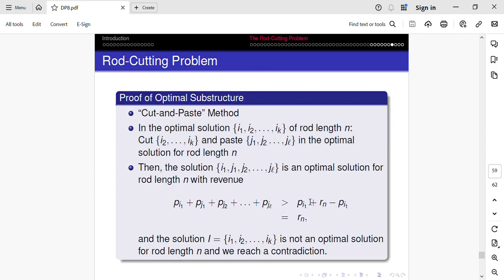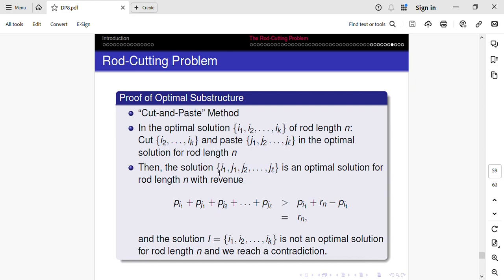Now we use a cut and paste method as described in the textbook. In the optimal solution of the original problem I1, I2 up to Ik of rod length n, we cut out I2 up to Ik and paste this different optimal solution J1 up to JL for rod length n minus I1. So we have a different solution I1, J1, J2 up to JL.